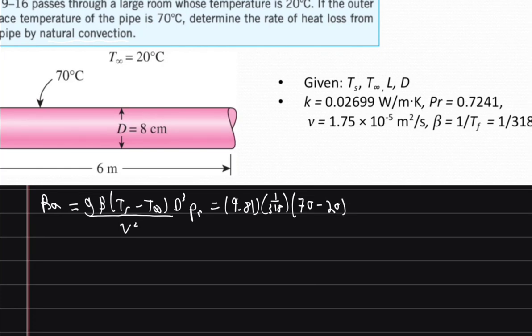Now we have D cubed, that's 8 centimeters, so 0.08 meters cubed, divided by the viscosity, that's this right here, 1.75 times 10 to the negative fifth, and this whole thing squared.